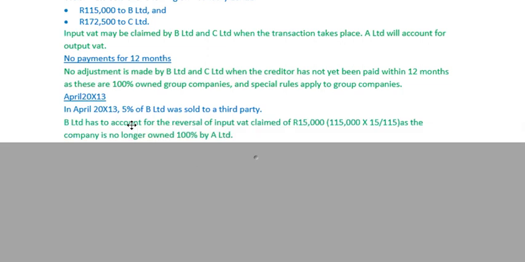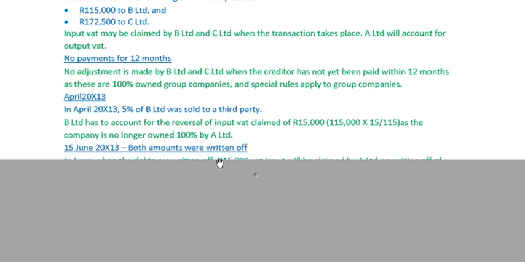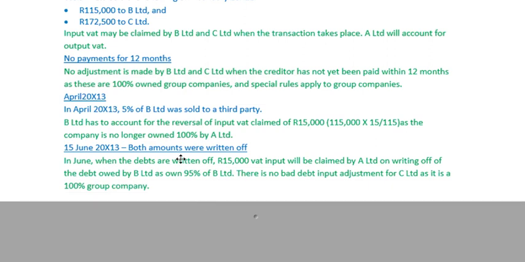Okay, so 15,000 Rand needs to be reversed out by B Limited because they haven't paid for the goods within 12 months. And what can happen when the group writes both amounts off? Because the 15,000 Rand was reversed out, you can now claim it as a bad debt.